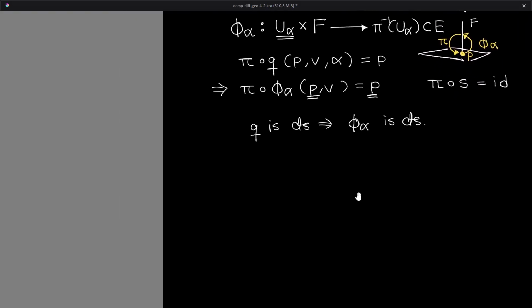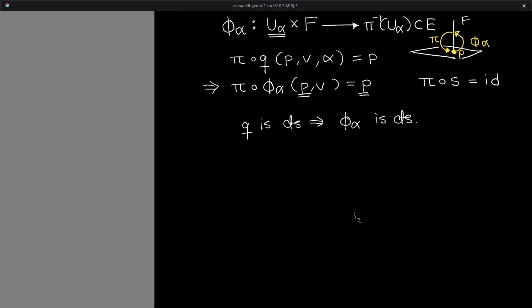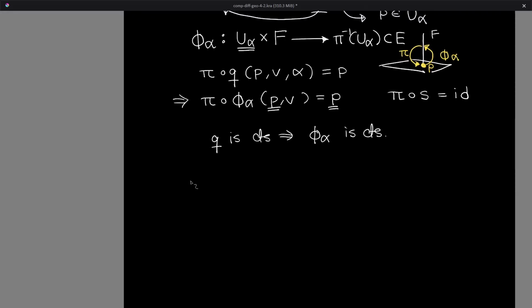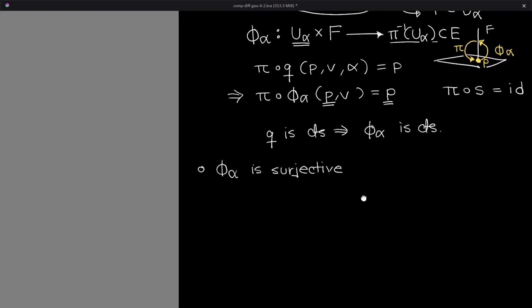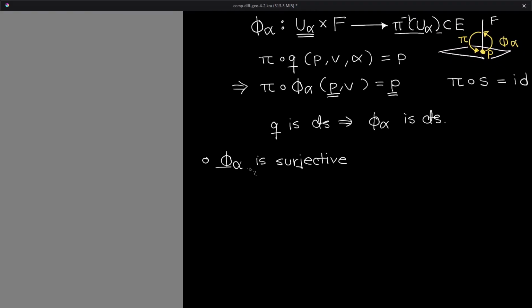So the next thing that we're going to prove is that phi alpha is surjective, which means that it maps to every part of the codomain, which means that it maps to every part of pi inverse of U alpha.